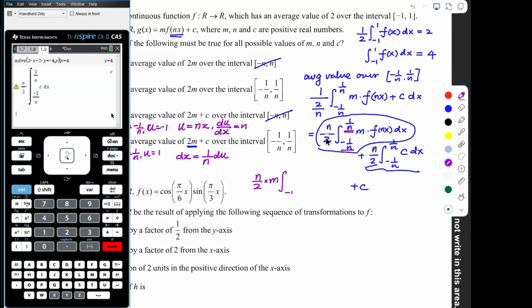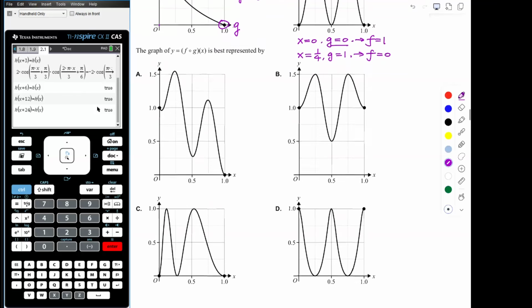For example, when x equals 0, my g equals 0. So when my g is 0, look at this axis, my f is going to be 1. And if I try x equals, for example, 1/4, my g is 1. Therefore, my f is going to be here, equals 0. So when x equals 1/4, the f value should come back to 0.